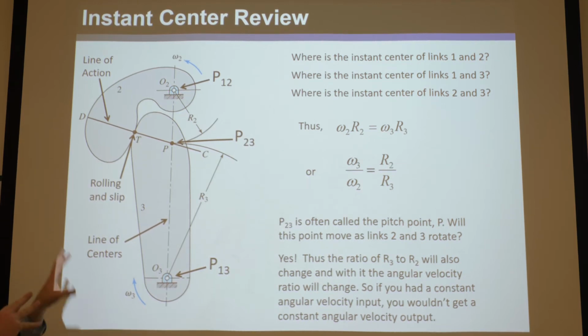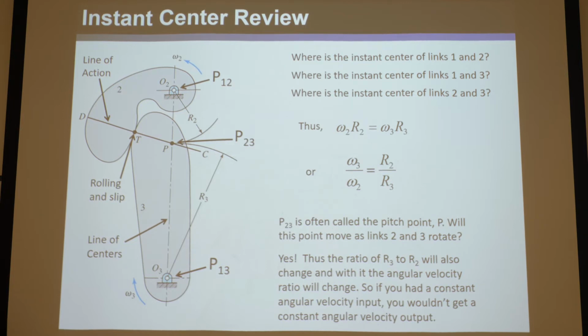It'll wobble at different angular positions of omega 2, and as a consequence, P will move up and down this line of centers depending on the position, and therefore the ratio of R2 to R3, the distance between these two, will vary, and consequently so will the angular velocity ratio.